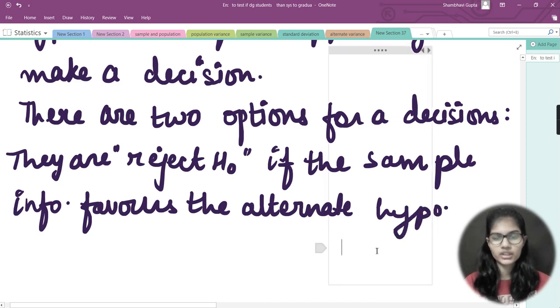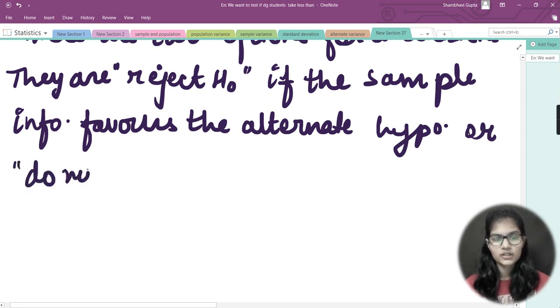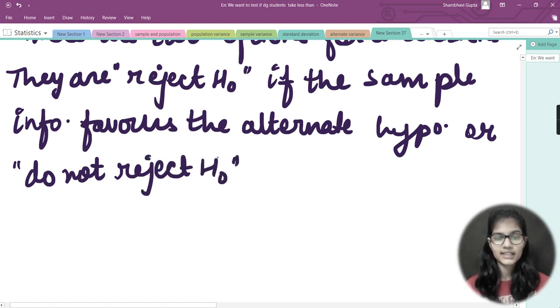So this is the very first thing which we can have, that if we reject H naught. And the second one is do not reject H naught. That is my second condition.